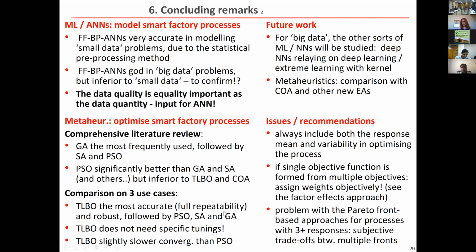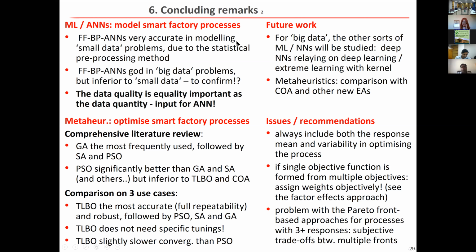And my future work, actually I'm already working on testing this Cuckoo search, so we'll see. TLBO does not need any specific tunings, and that is a very important issue. It is slightly slower than PSO, but that shouldn't be a major issue.